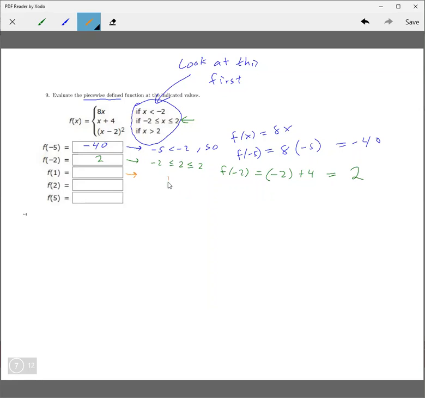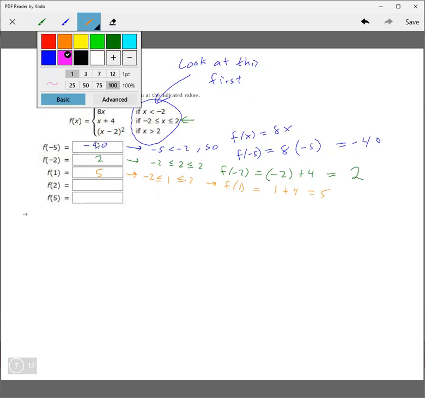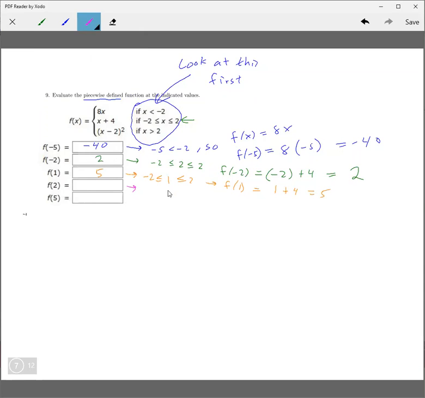1 is also in here, so you plug it into the middle formula and get 5. 2 is also in there, so you plug it into the middle one again and get 6.